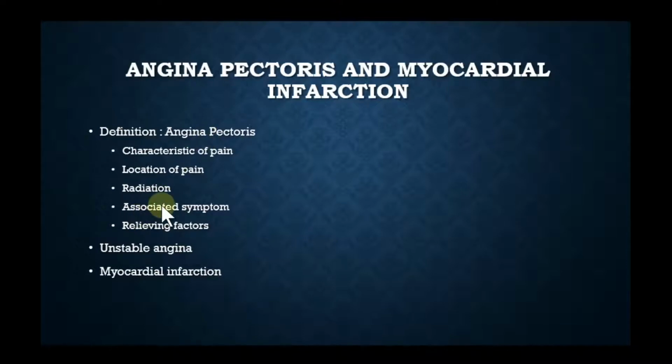Sometimes this pain might radiate, usually to the left shoulder and sometimes to the jaw and the throat. This happens when the supply of oxygen to the myocardium is below what it demands.